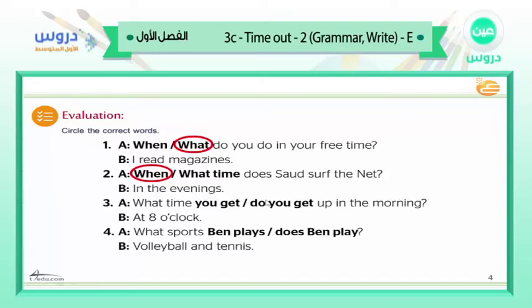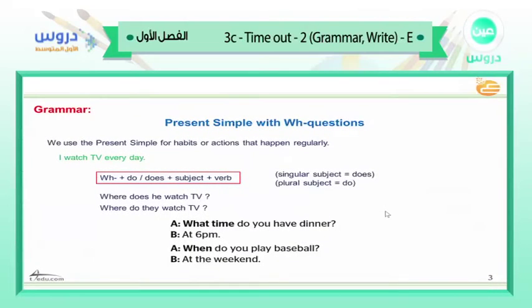Okay. Number 3. What time do you get up in the morning? Should we use do or without do? We're talking about the present, and we're talking about the present simple. So should we use do or does or without do or does?